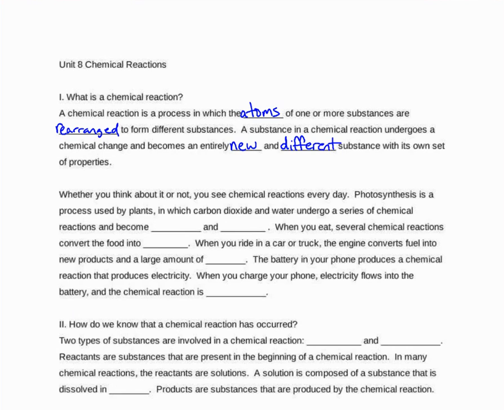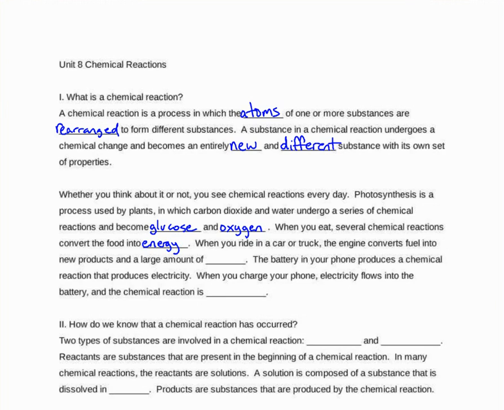So whether you think about it or not, you see chemical reactions every day. For instance, photosynthesis. It's used by plants. Carbon dioxide and water undergo a series of chemical reactions, and they end up producing glucose to power the plant, and oxygen is a byproduct that we use ourselves. When you eat, the point is to convert the food into energy.